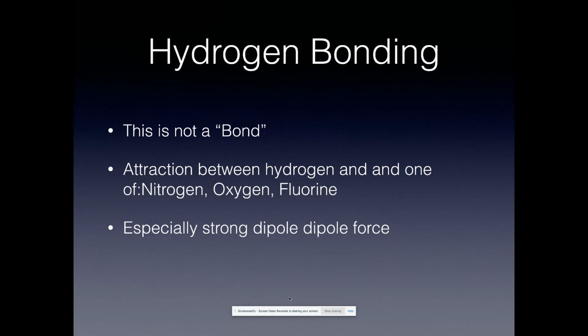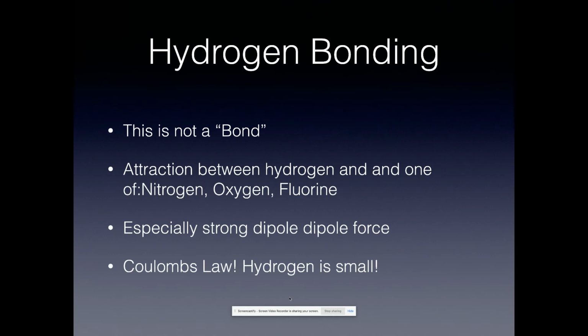Now, when I was in school, I had a professor tell me that hydrogen bonding was an especially strong dipole-dipole force. That's not a lie. It's just not useful. It doesn't actually tell me what's going on here. It's a bit of a description, but that's it. It's not an explanation.